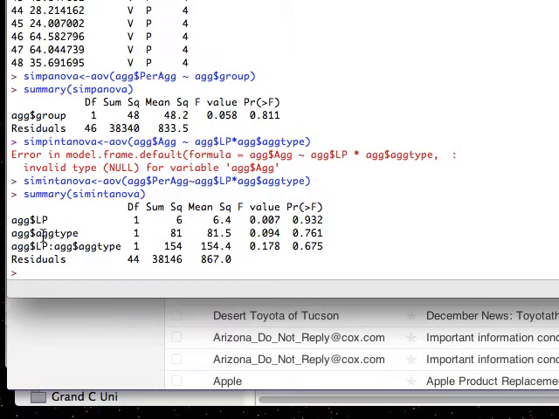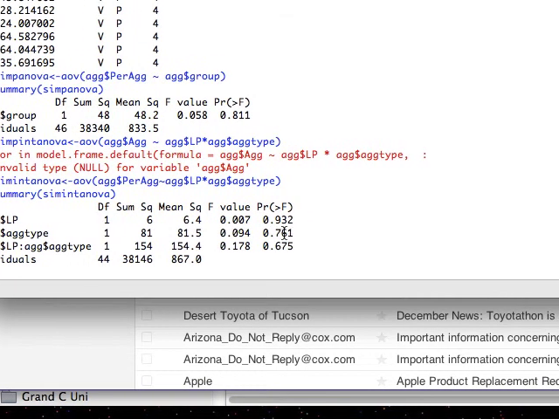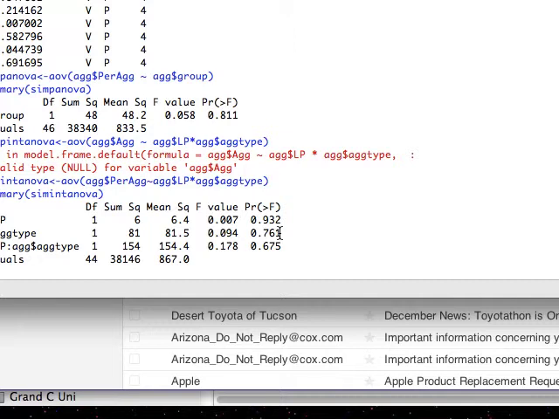Then it looks at, is there a difference between verbal and total aggression overall? And again, it doesn't look like there is a difference because our p-value is way above 0.05.